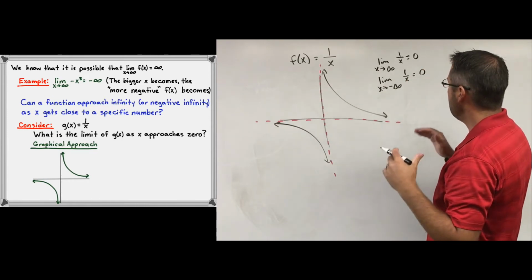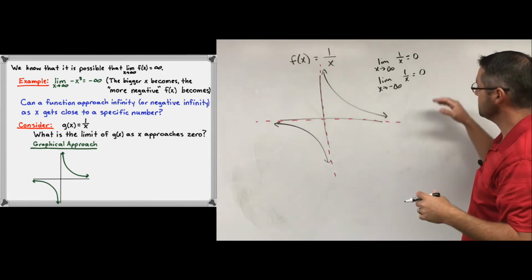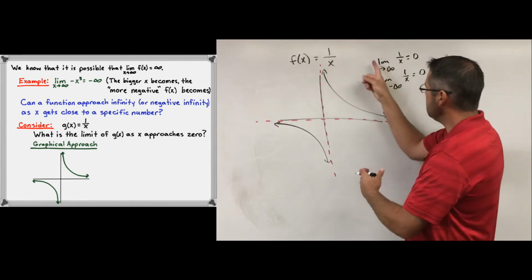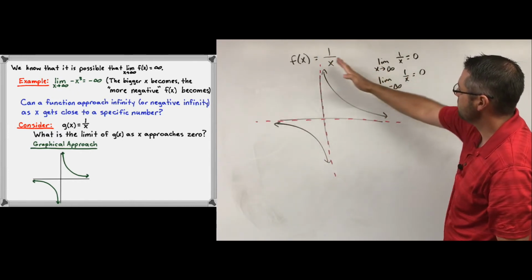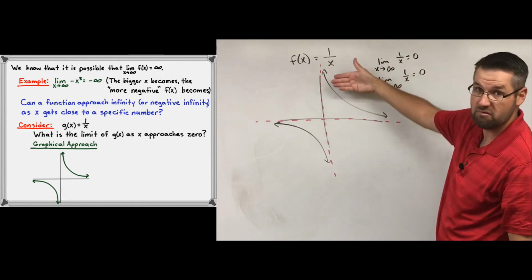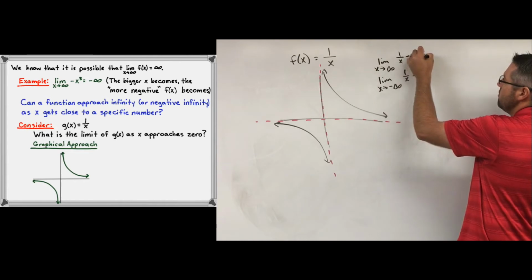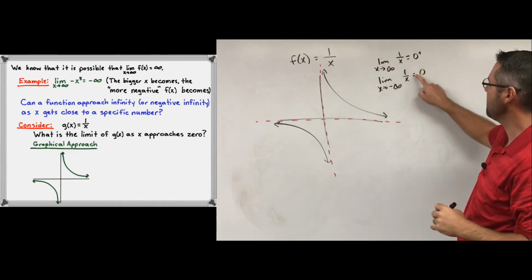Now, I'm going to use a notation, so this will help you understand things a little bit. Graphically, we do see both of these limits approaching 0, but you notice that this limit is approaching 0 from above. So we would say that it's approaching 0, and then we put a little plus sign there, from above. Sometimes I'll put a plus or a minus sign out front.